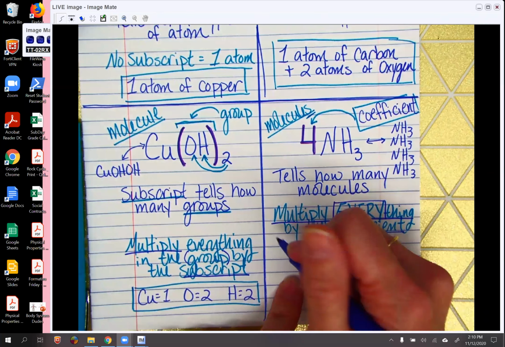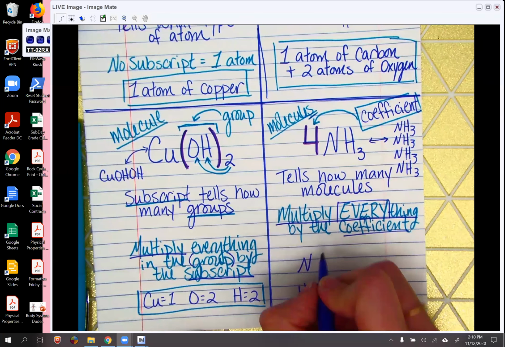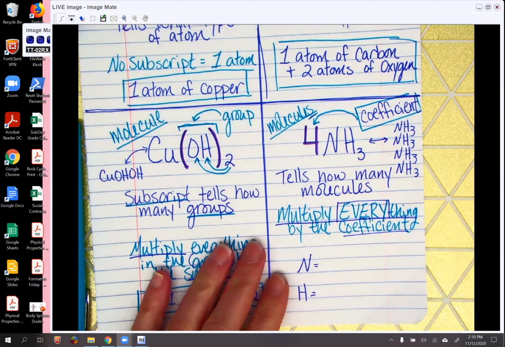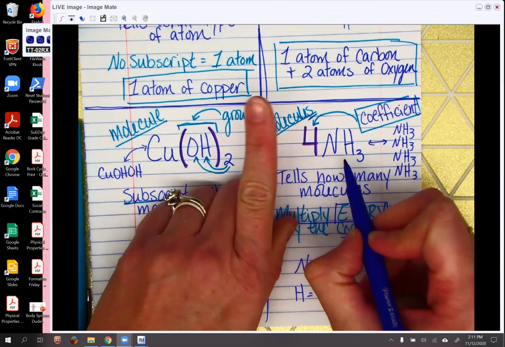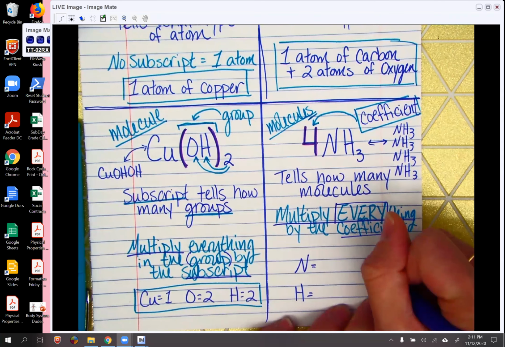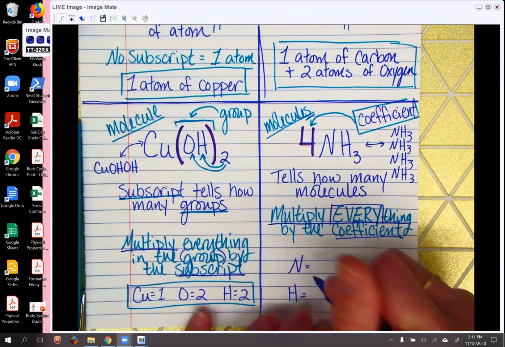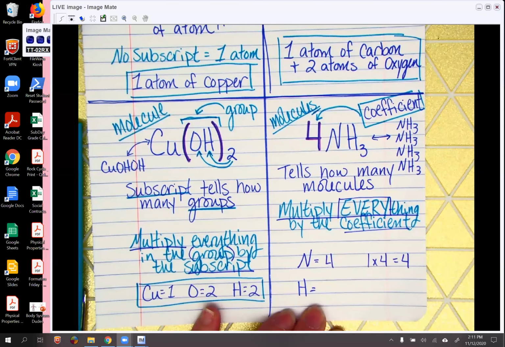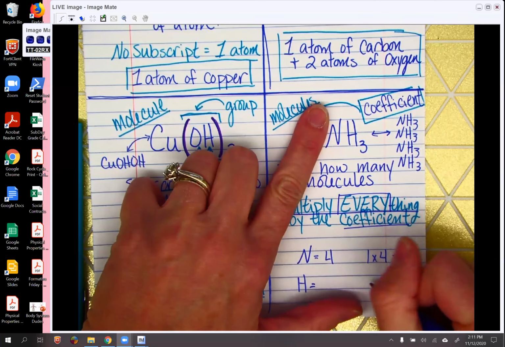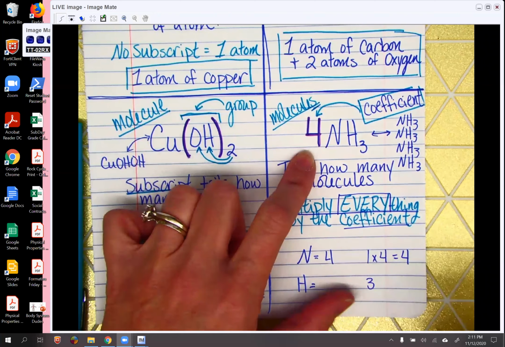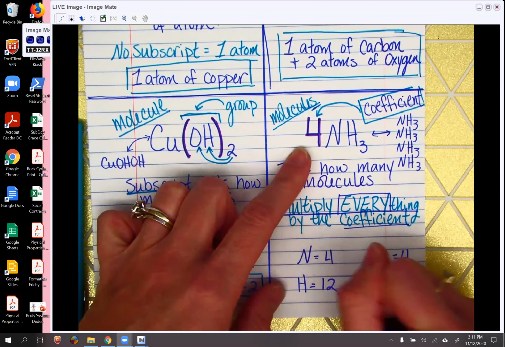So in this one, we have nitrogen and hydrogen. In 1 molecule of ammonia, we have 1 nitrogen, but we have 4 molecules. So we have to say 1 times 4 equals 4. So there are 4 N's. For hydrogen, 1 molecule of ammonia has 3 hydrogens, but we have 4 molecules. So we have 12 atoms of hydrogen.